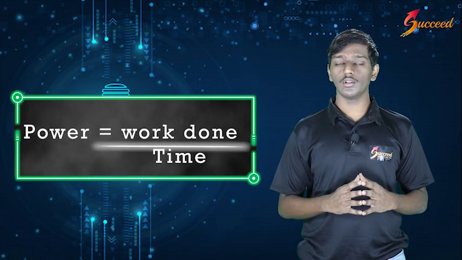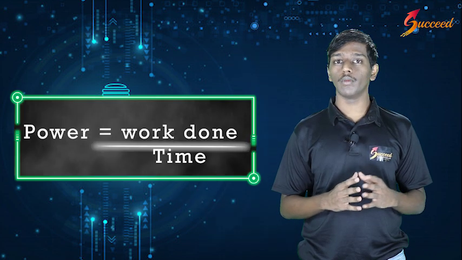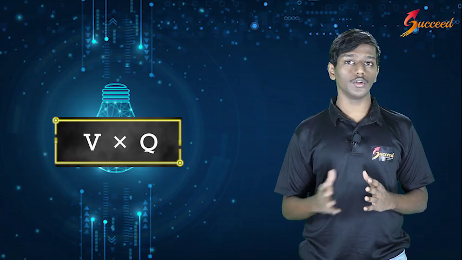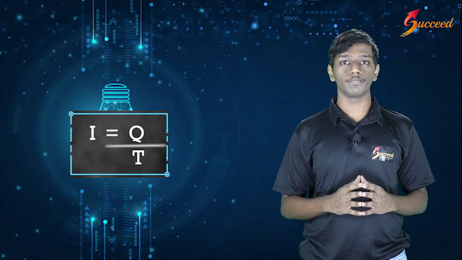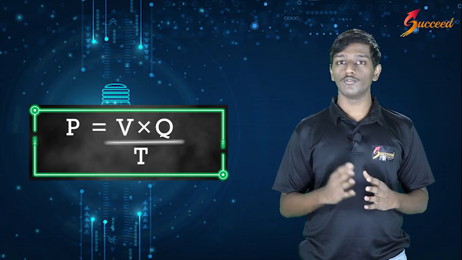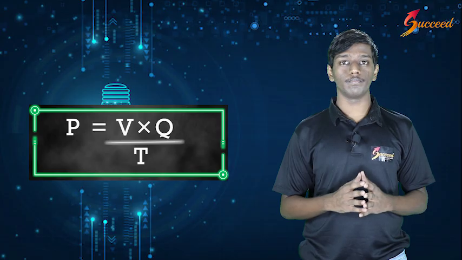We know power is equal to work done by time. From the definition of potential difference, we get work done is equal to V into Q. We also know that I is equal to Q by T. Hence, power is equal to V into Q by T. Power is equal to V into I.